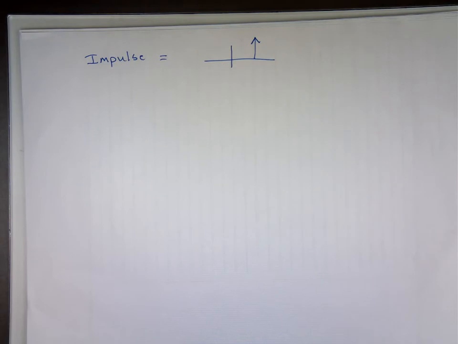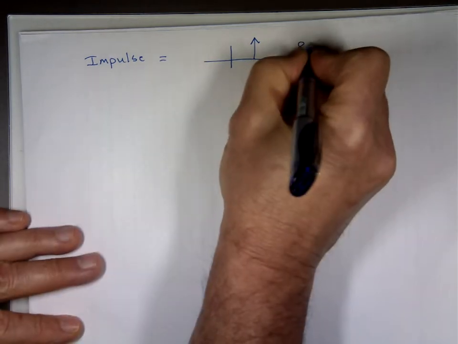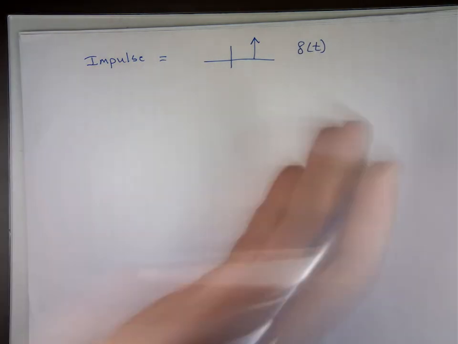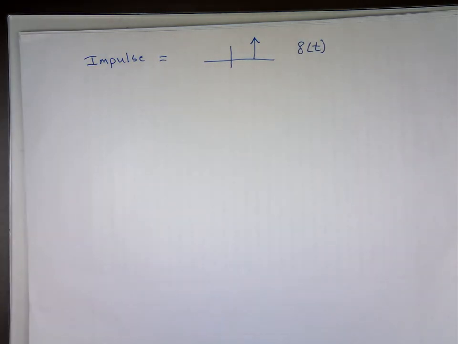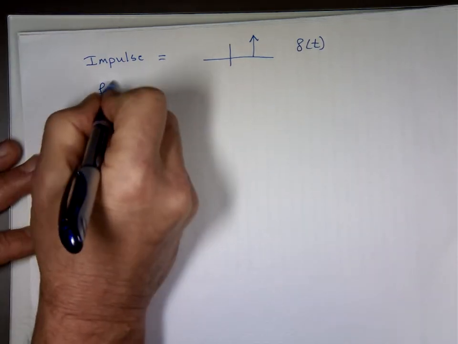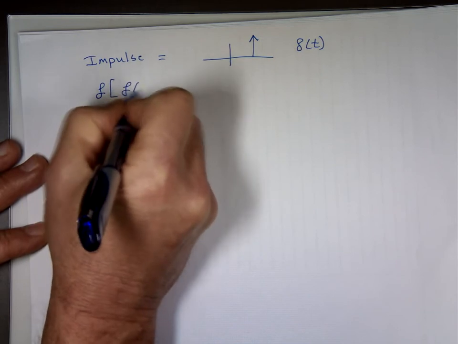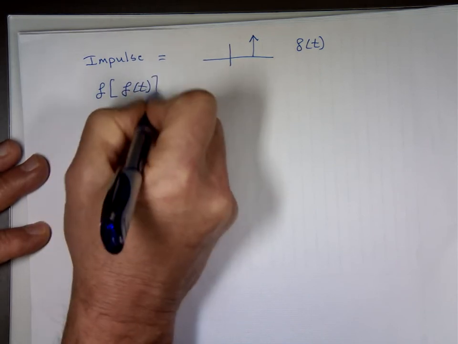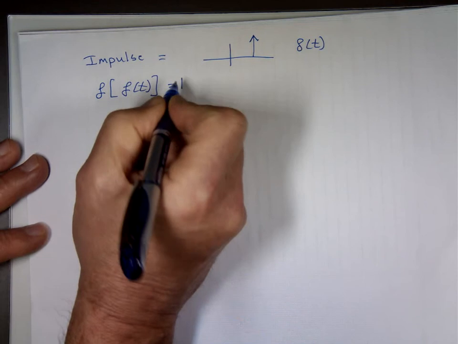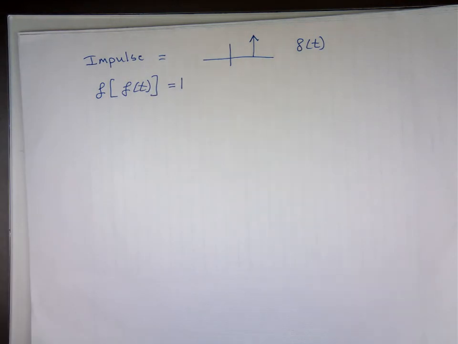We call that function delta, whatever Greek letter that is. The Laplace of that function is always equal to 1. So if you have an impulse like a lightning hit, a spike of voltage in a short time, the Laplace of that is 1.